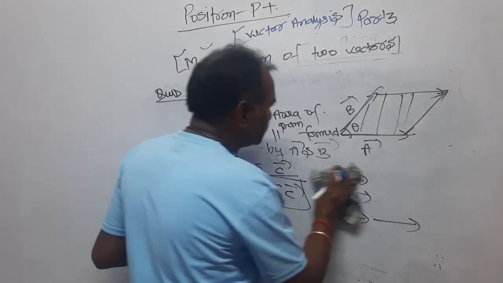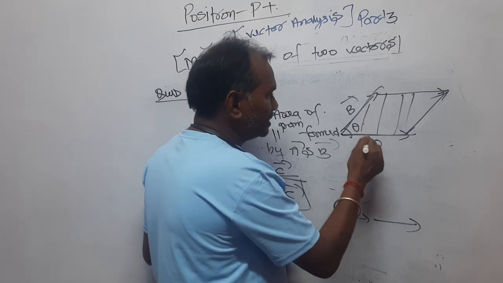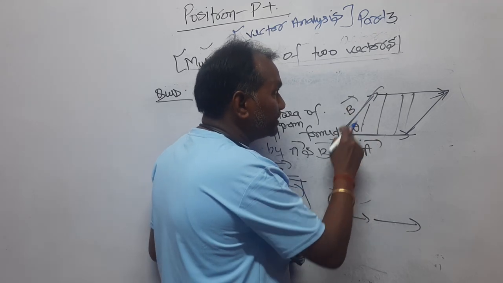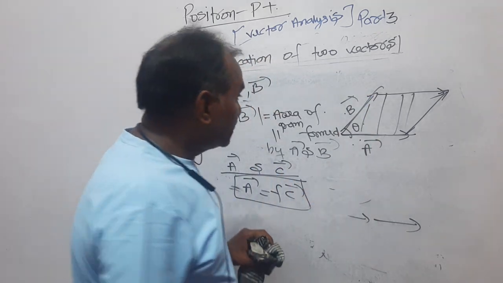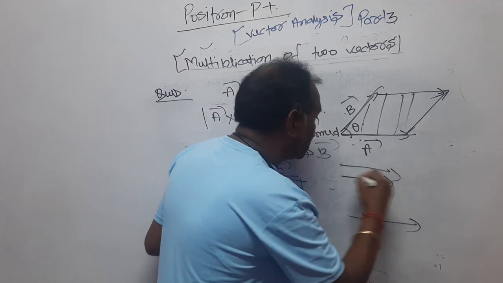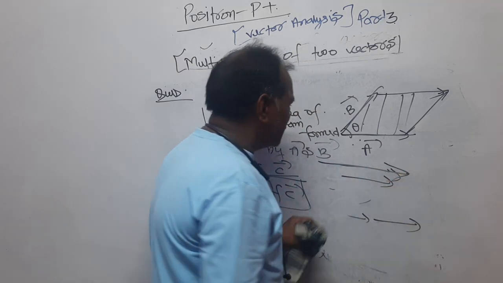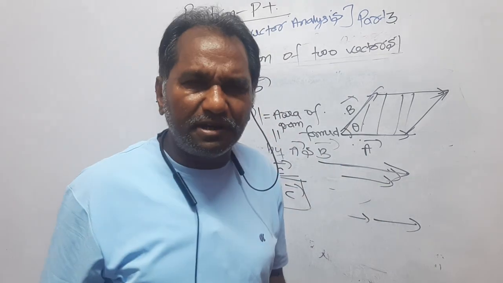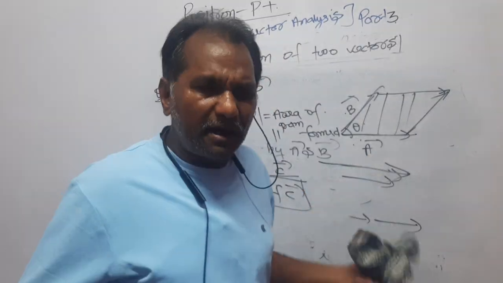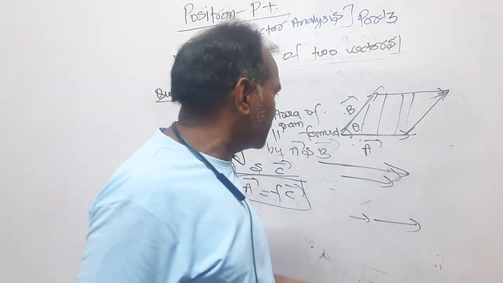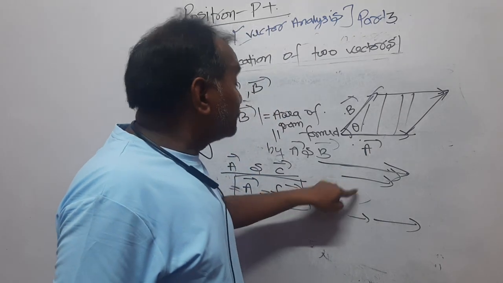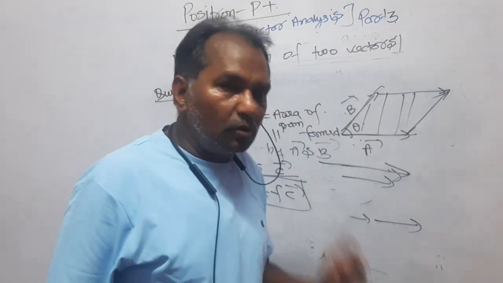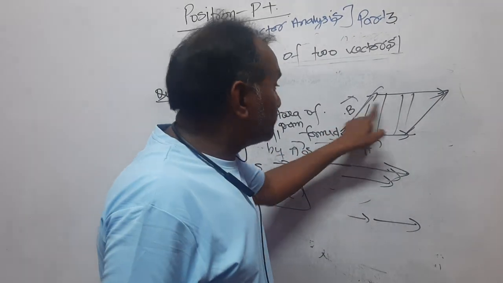Dear student, now look here. What happens if vector A and vector B become coplanar? Their magnitudes might be different, bigger or smaller, and it does not matter here. But if they are coplanar or collinear, they cannot form the parallelogram.